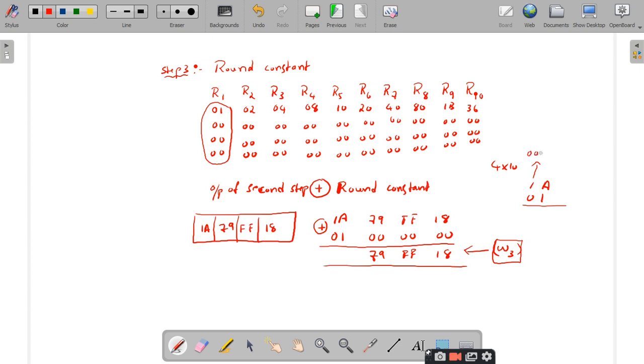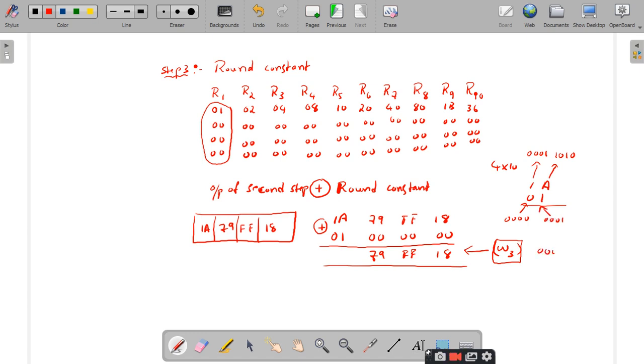What is the value here? 0001. What is A? 10, right? So you should represent it as 1010, and here this is 0000, and this is 0001.